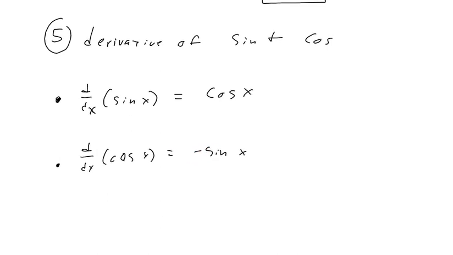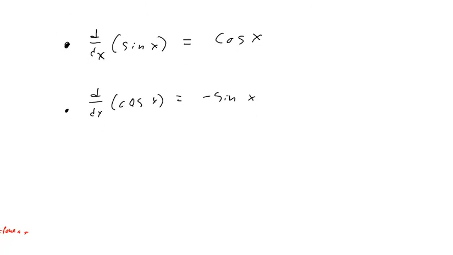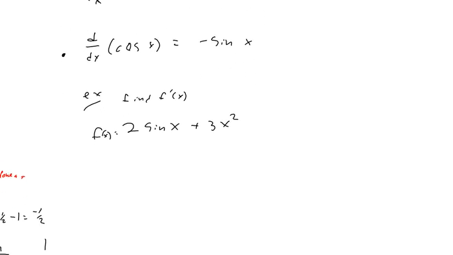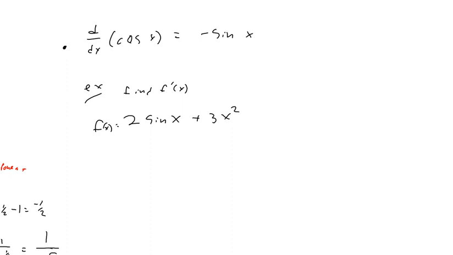So for example, find f prime of x if f of x is 2 sine x plus 3x squared. What is the derivative of that? Well, let's do d/dx of the whole thing.